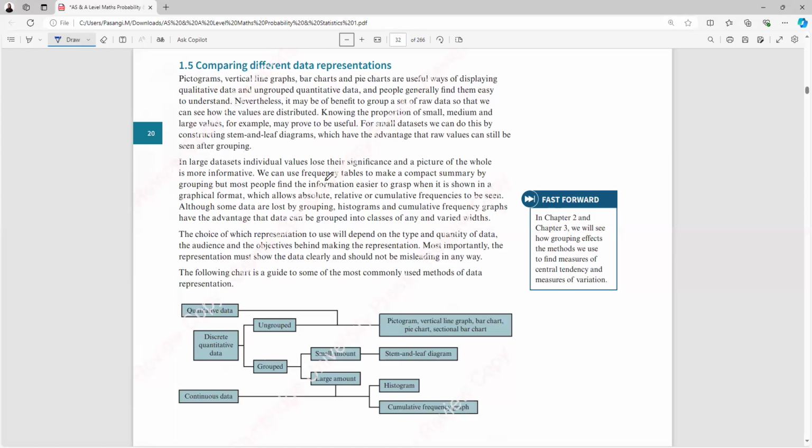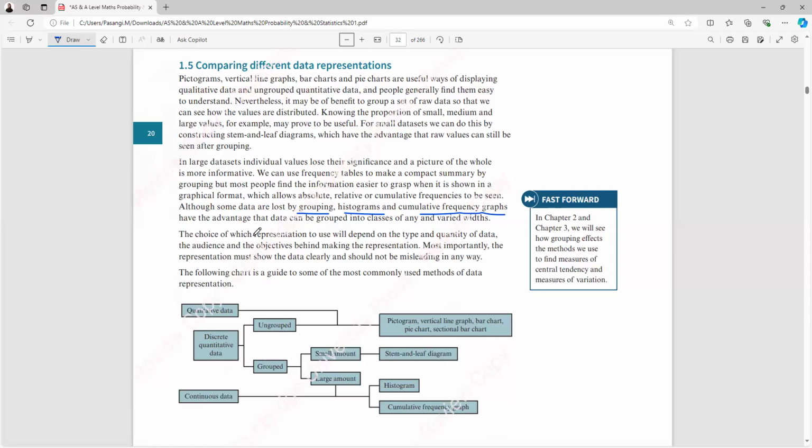We can use a frequency table to make a compact summary by grouping, but most people find the information easier to grasp when it is shown in a graphical format, which allows absolute, relative, or cumulative frequencies to be seen. So, although some data are lost by grouping, histograms and cumulative frequency graphs have the advantage that data can be grouped into classes of any and varied widths as well.